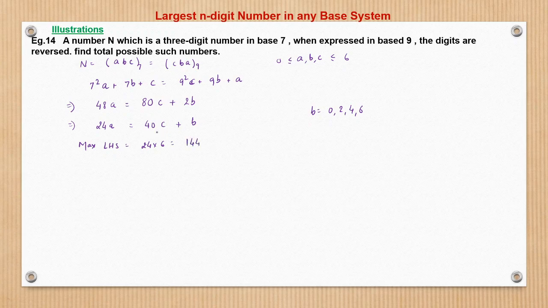So from here we try to find, if LHS is 144, 40 into C max plus B. Now for C to be maximum, B has to be minimum. So B minimum can be 0, right? So from here we can get C max.